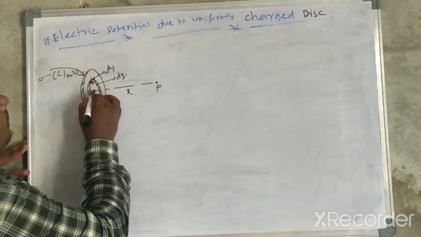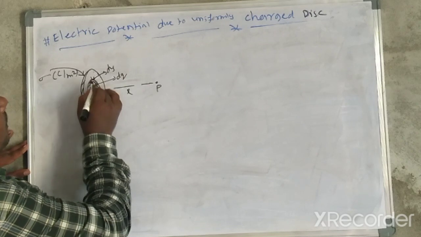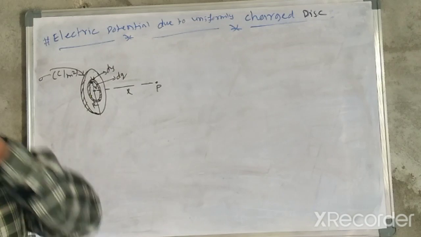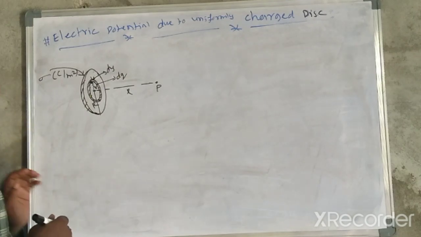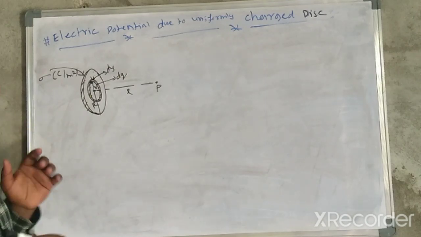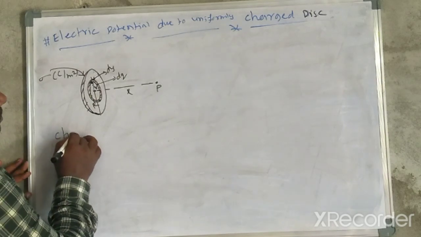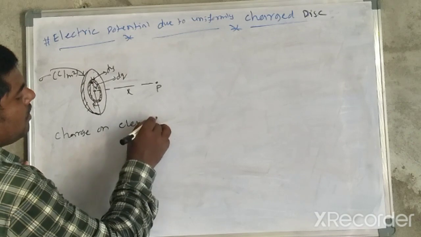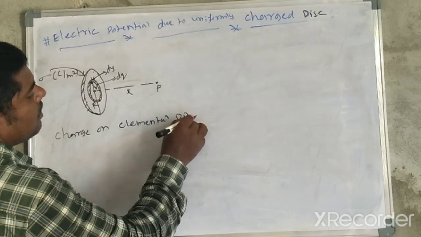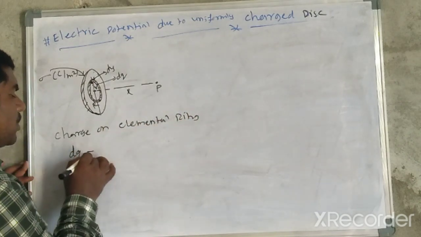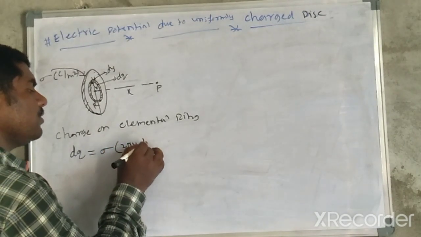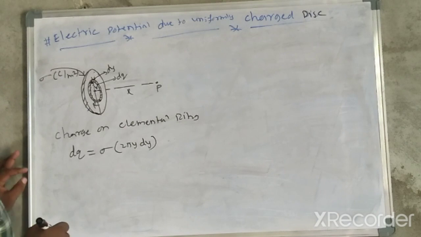The elemental ring has radius y. So the charge on the elemental ring, dq, is equal to charge density into 2 pi y into dy. This is the first equation.